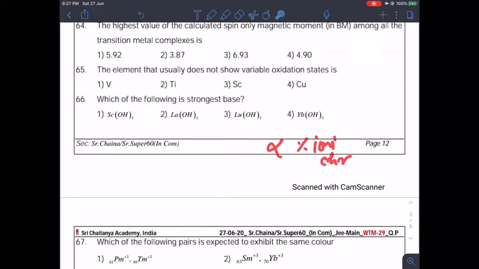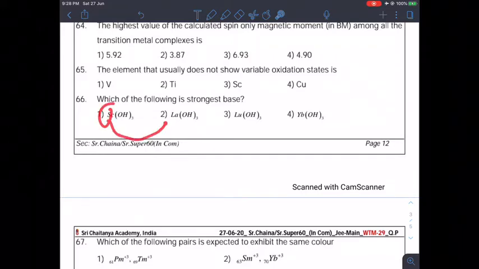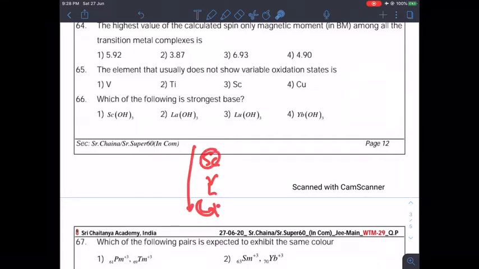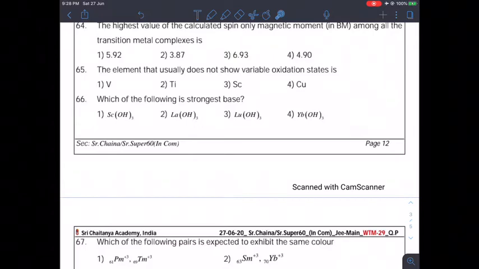So the more the percentage ionic character, the more basic it will be. Now, from scandium, yttrium, lanthanum, the size continuously increases, and because of that polarizing power decreases, so it is more ionic.